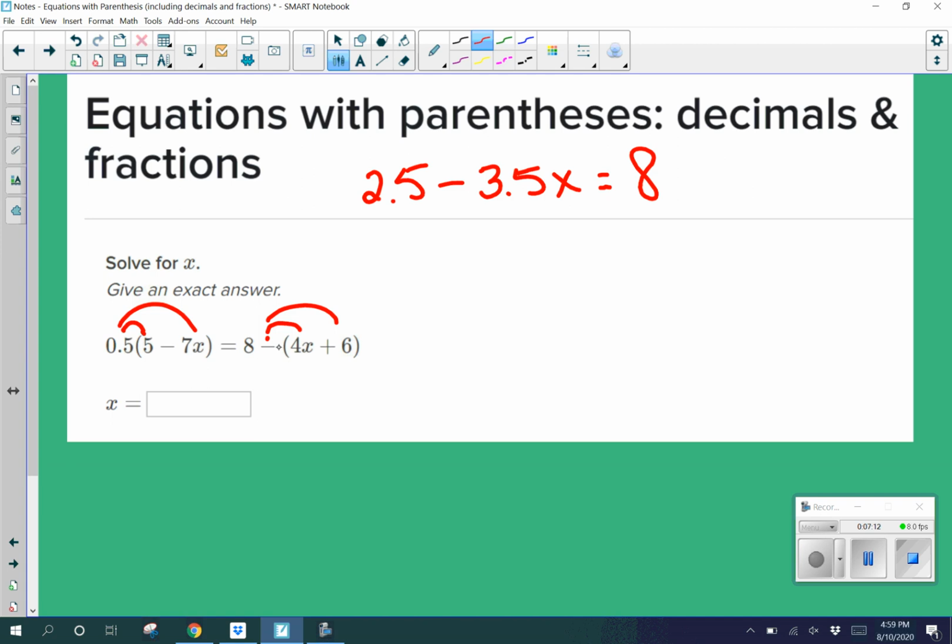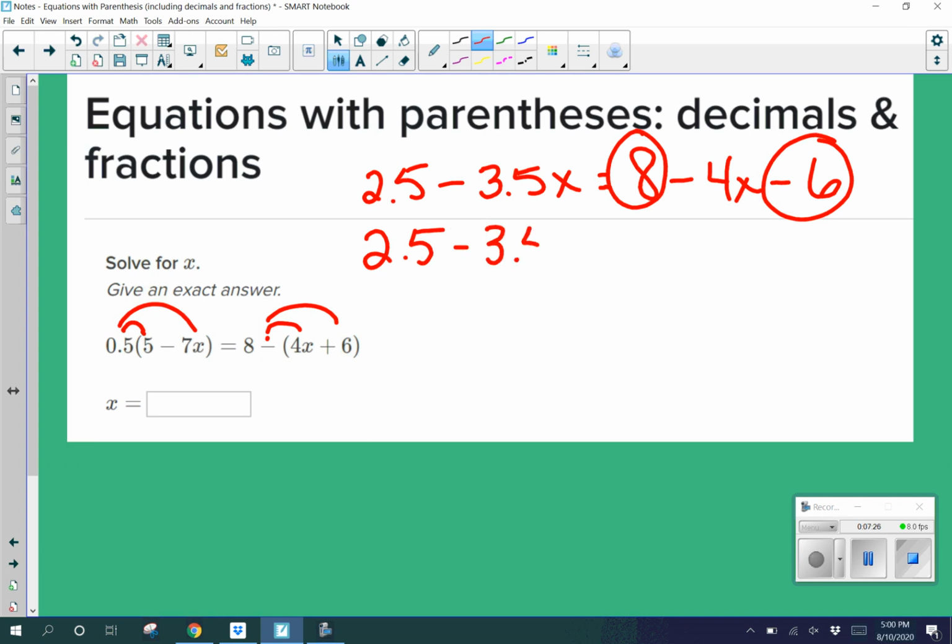So negative times 4x is negative 4x. And a negative times a positive 6 is a negative 6. I can combine 8 and negative 6. So the left-hand side stays the same. And an 8 and a negative 6 leaves me with a positive 2.